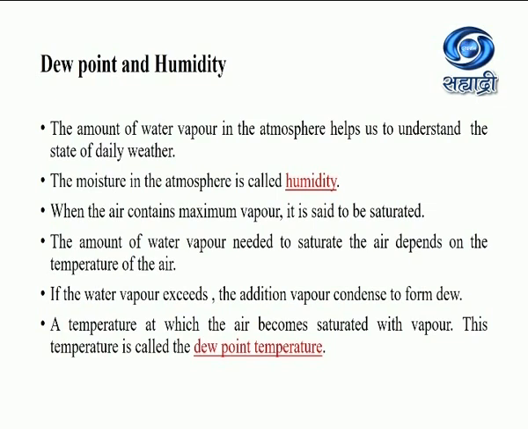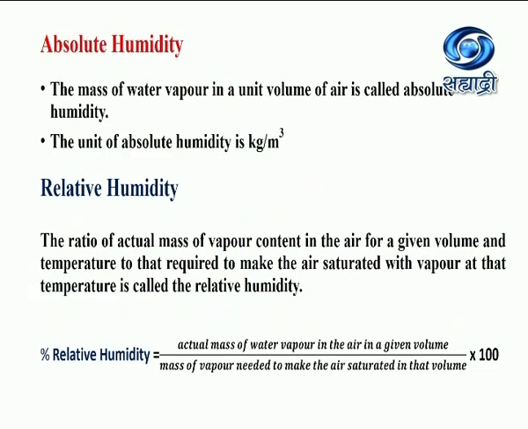The temperature at which the air becomes saturated with water vapor is called the dew point temperature. The vapor content in the air is measured using a physical quantity called absolute humidity. The mass of vapor present in unit volume of air is called absolute humidity. It is measured in kilograms per meter cube.